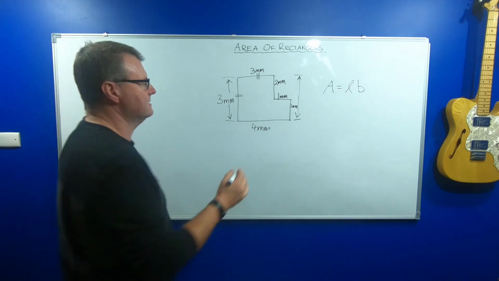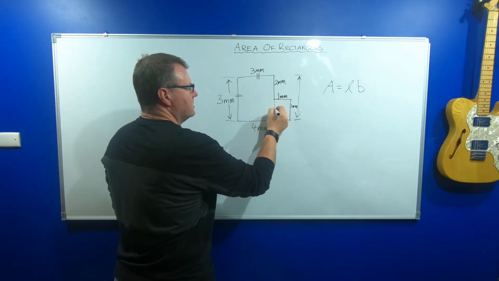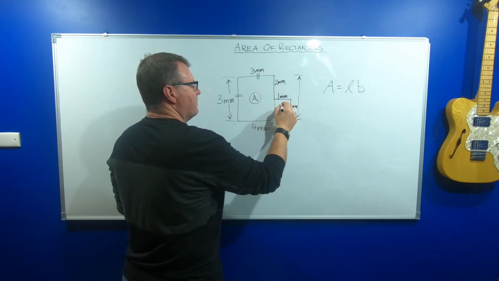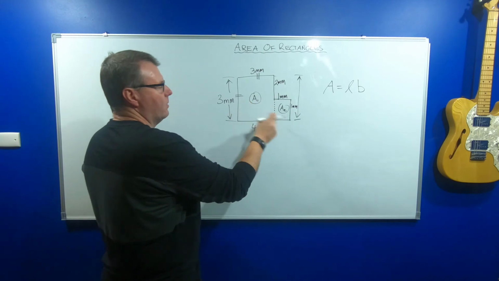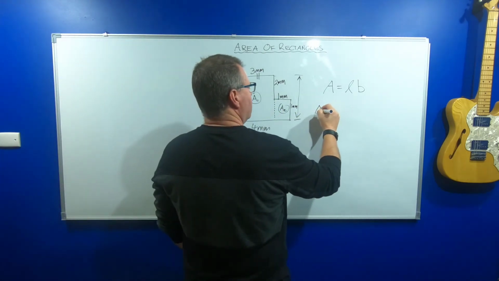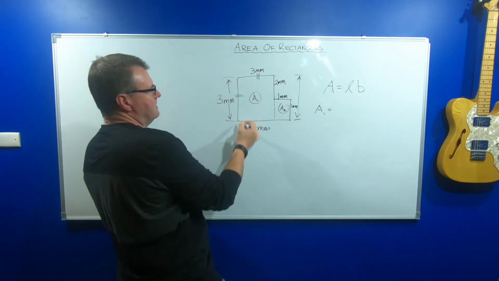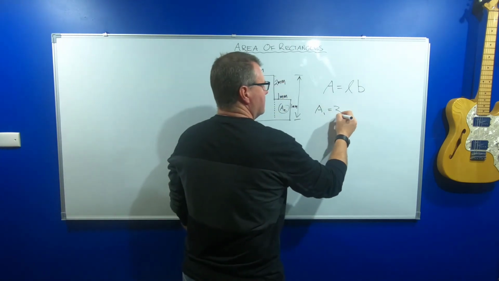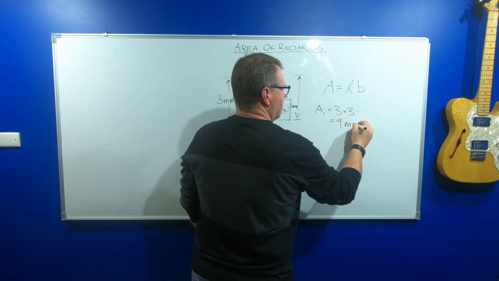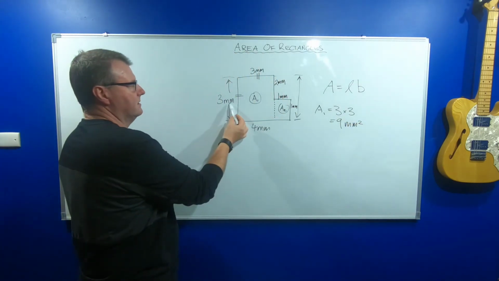Just like we did last time, I'm going to split it into 2 separate pieces. We'll call this area 1 and area 2. And let's work them out separately. Area 1 equals this side times this side, equals 9 millimeters squared. Don't forget the units.